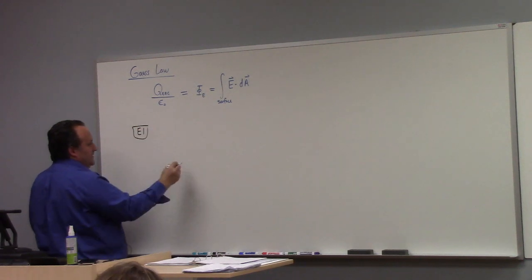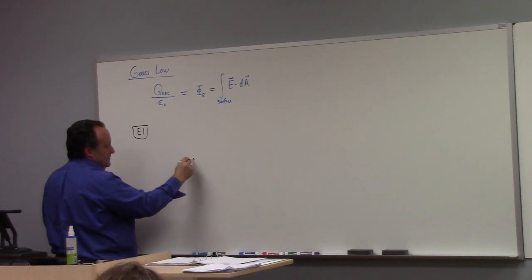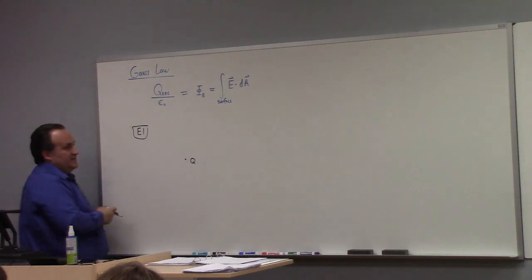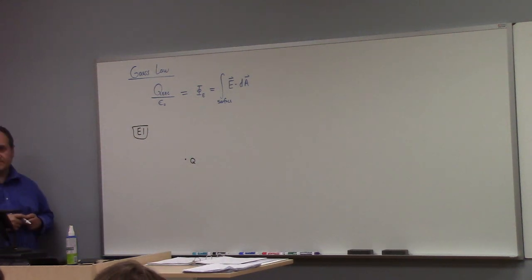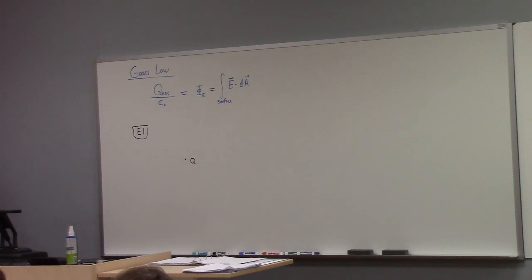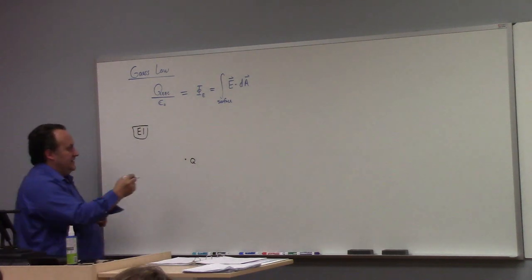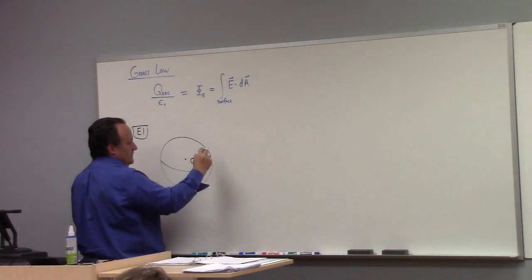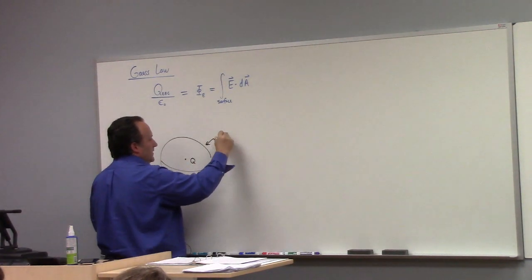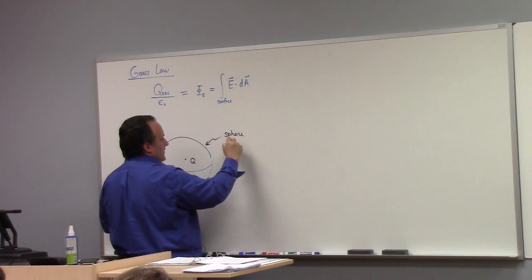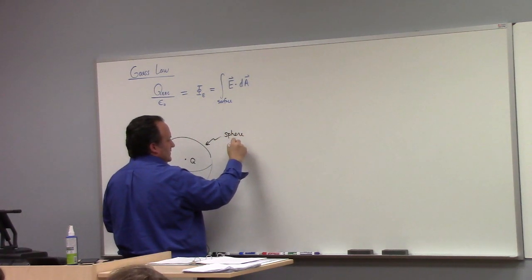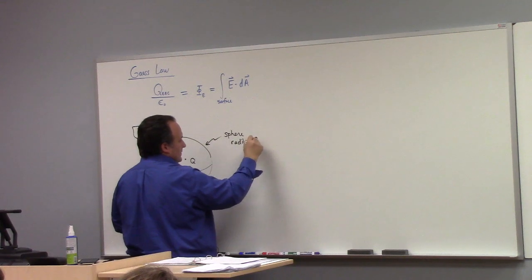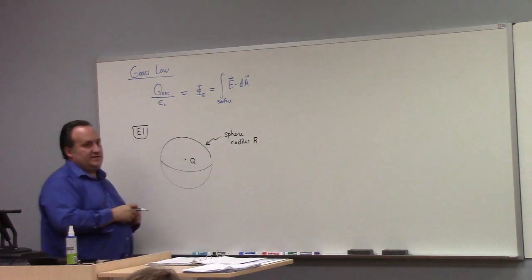most simple example you can think about, just put a charge, let's say at the origin. And then we can imagine encircling that with a so-called Gaussian sphere, radius R, with Q at the center.